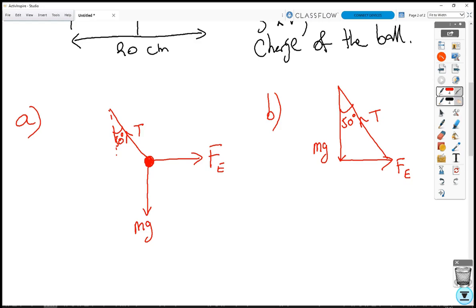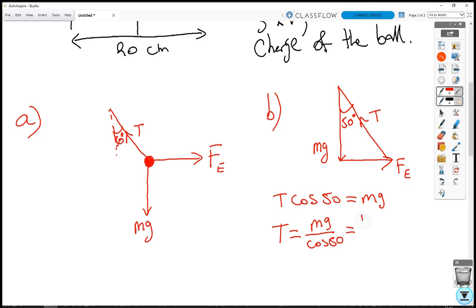And we know that T cos 50 is equal to mg. So we can simply rearrange this equation to find T. So T is equal to mg over cos 50.